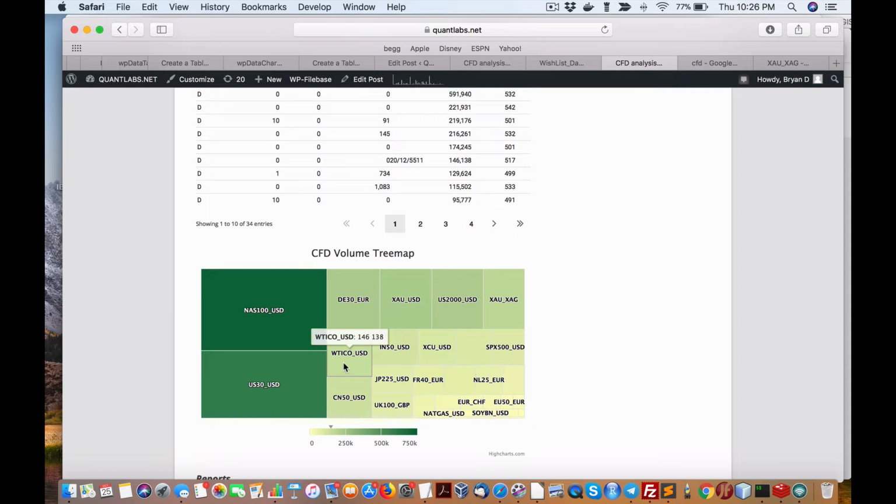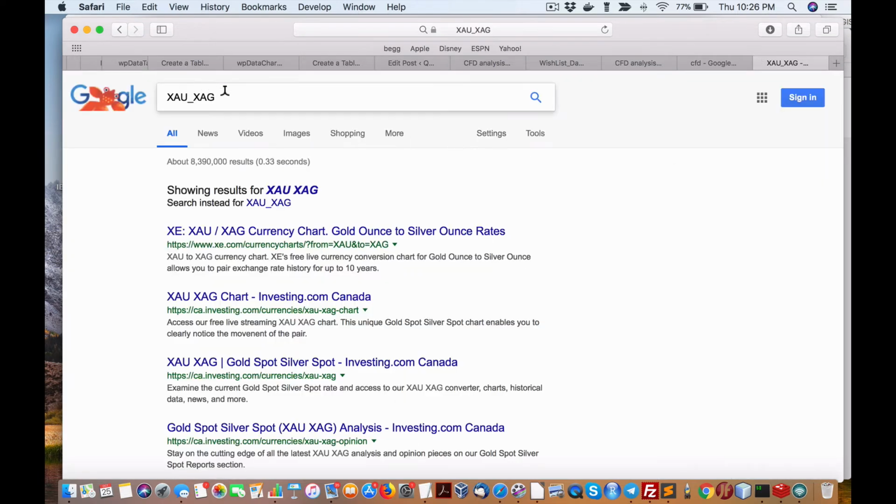And then this is West Texas oil, China 50. This is India, Japan 225 index. This is the UK 100. XCU, I'm not sure. That might be palladium, but I can find that out if you ever need to know.